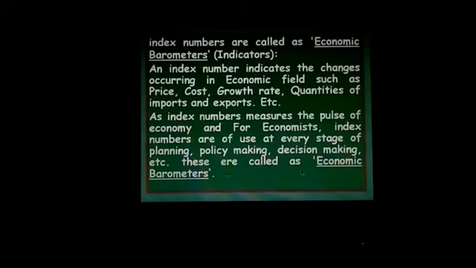That is why index numbers are called economic barometers or economic indicators. Students, better use the word barometers. Indicators is being given to you for your better understanding. Don't write economic indicators. Better to write economic barometers. Fine.